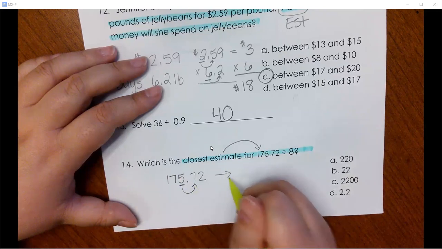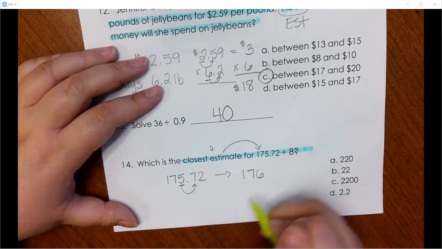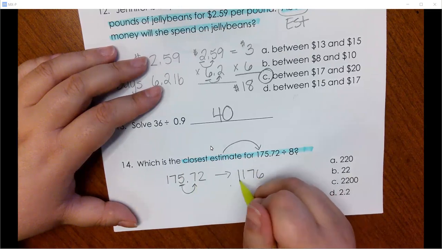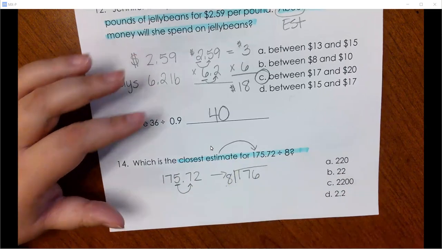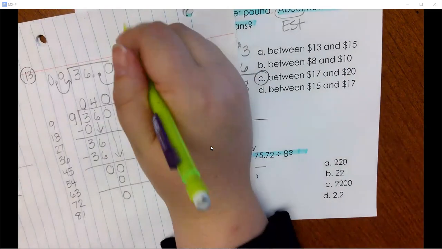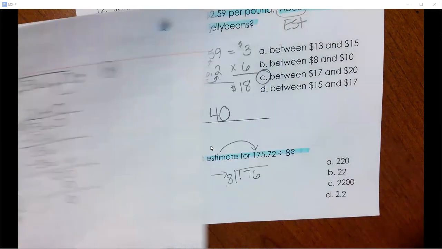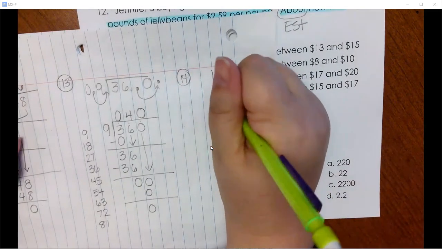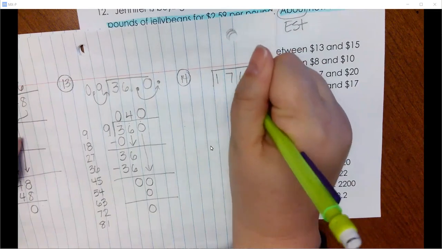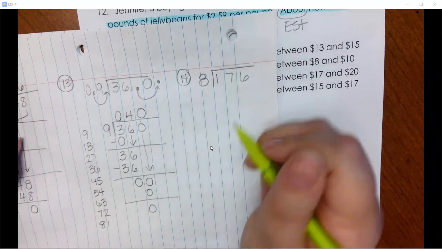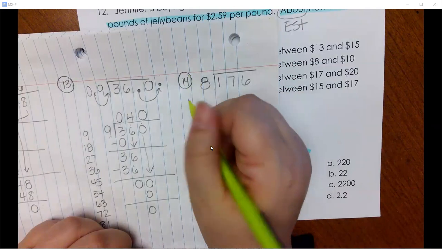So that's going to round to 176 divided by 8. So let me get my paper. It's the number 14. 176 divided by 8.